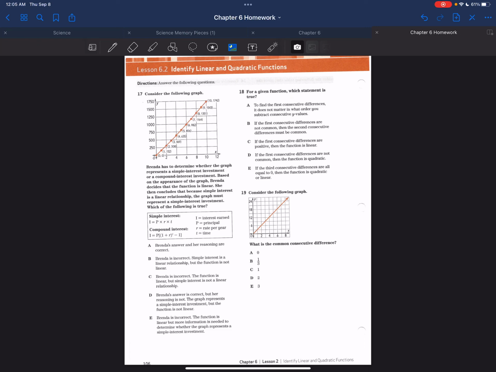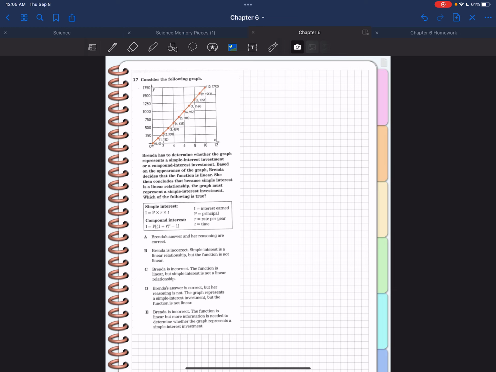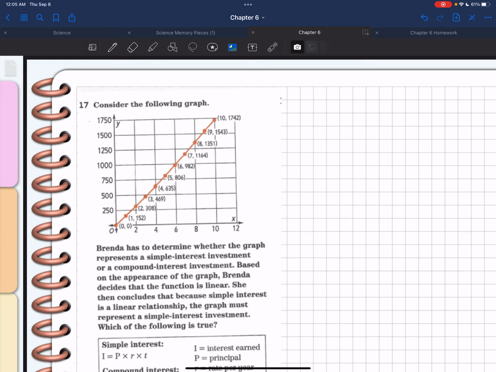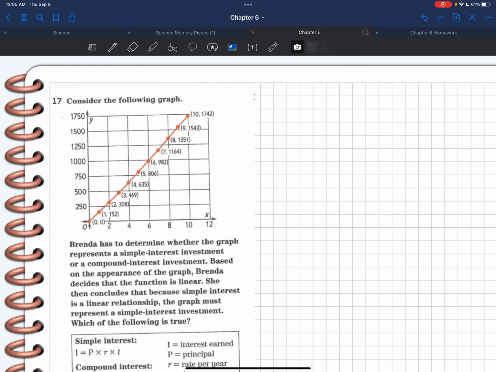We are on page 106 of the exercise book, and I brought these over to my notebook. Number 17 says to consider the following graph. Brenda has to determine whether the graph represents a simple interest investment or a compound interest investment.